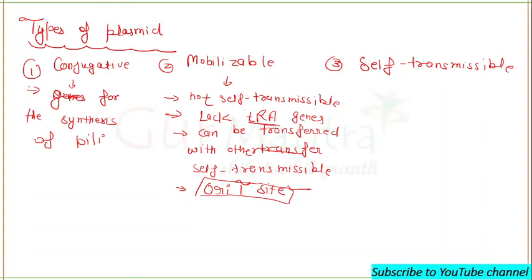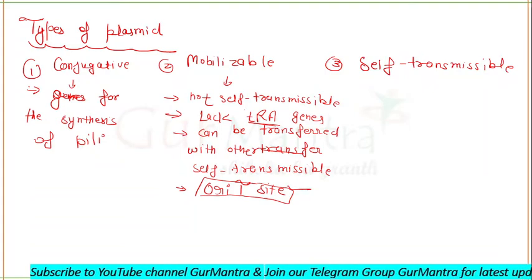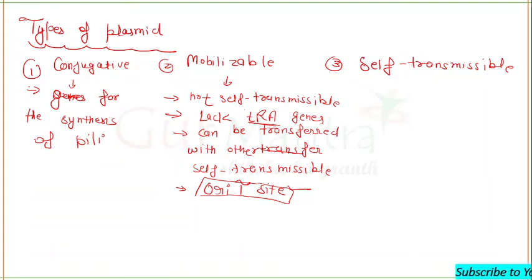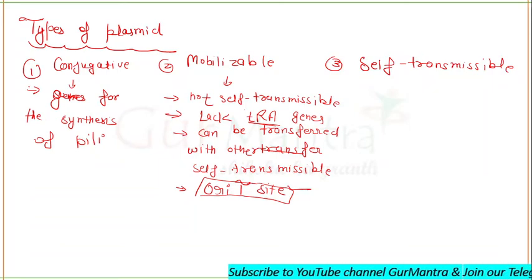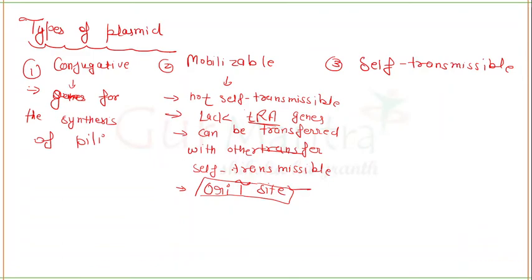This transmission relies on the product of TRA genes, which are specified by another self-transmissible plasmid to achieve the transfer, and the mobilizable plasmid must contain an oriT site. Fine.